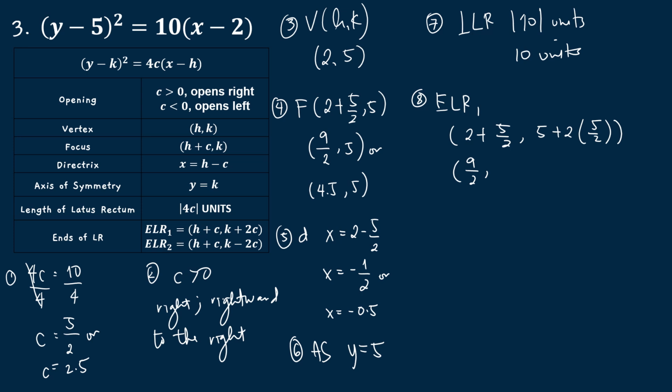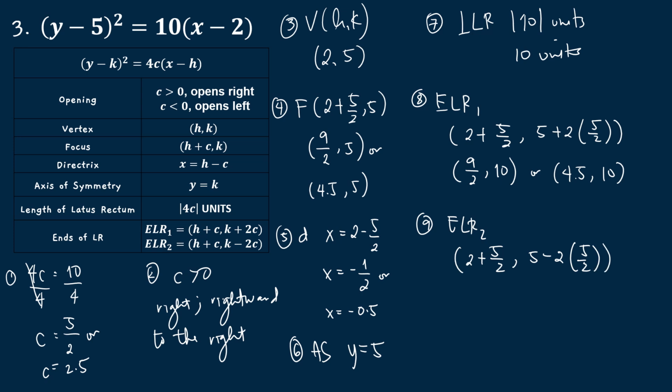So that's 5 plus 5, that's equal to 10. You can write this in decimal if you want. That's 4.5, comma, 10. And for number 9, ELR2 should be 2 plus 5 halves again, comma, 5 minus 2 times 5 halves this time. So this would be 9 halves, comma, 0, or you can write it as 4.5, comma, 0.